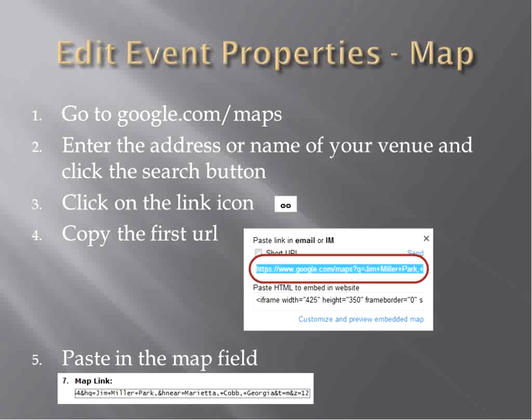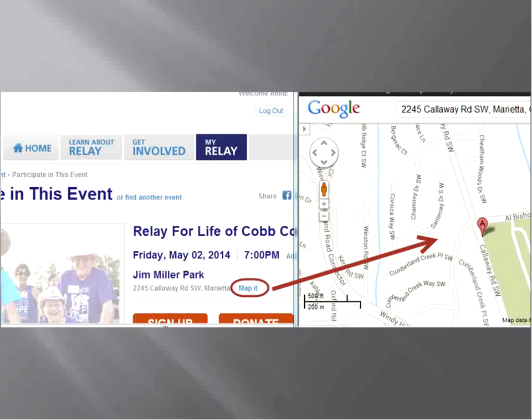Now, when a participant clicks on the Map It button, the map of the location will open in a new window. Directions are found in your training guide.